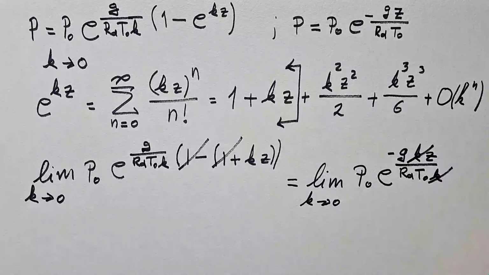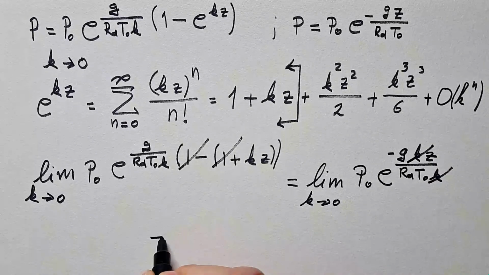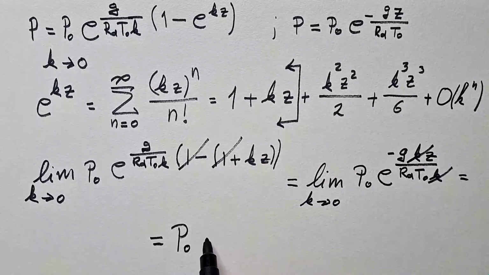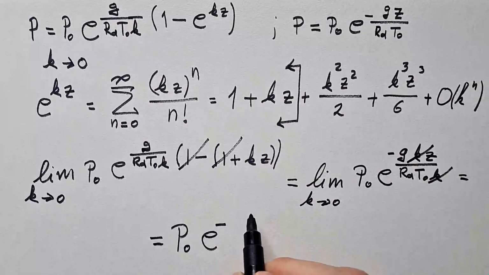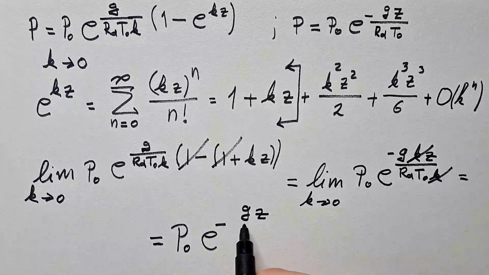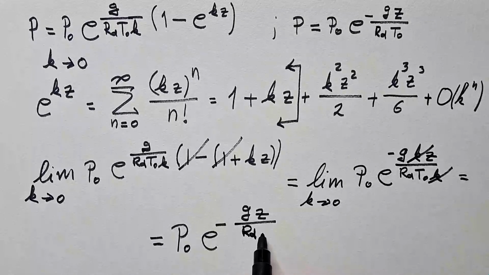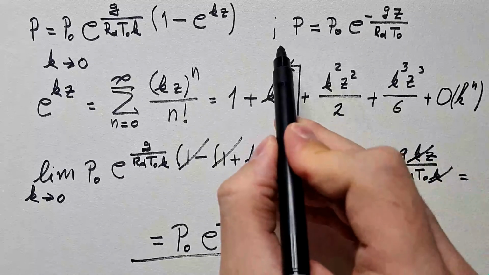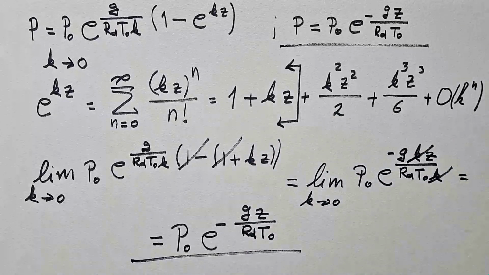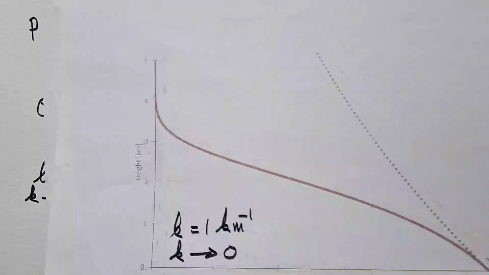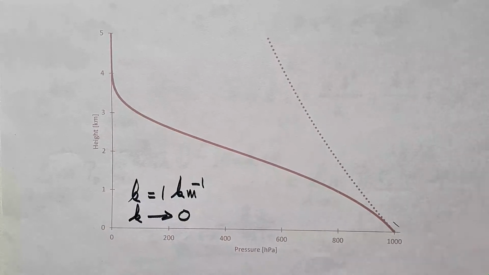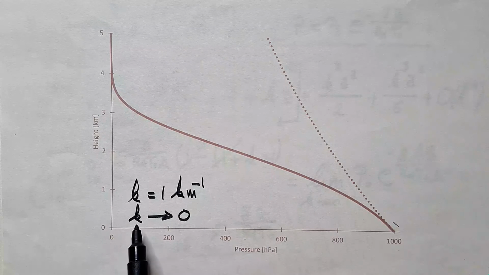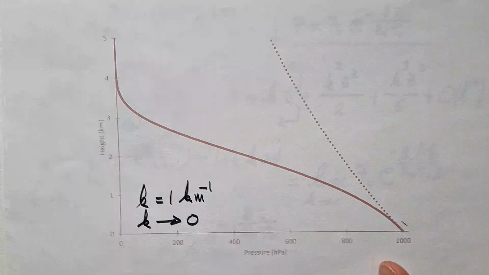But k and k cancel out, and I get that this is equal simply to p naught e to the power negative g z over R_d T naught. And look, this is exactly equal to this, which proves our hypothesis that this line will collapse to this line when k goes to 0.